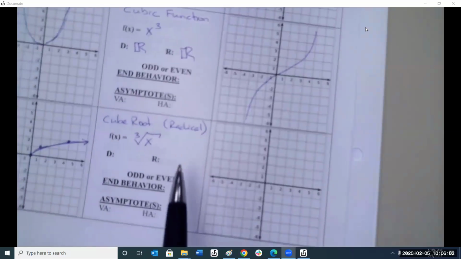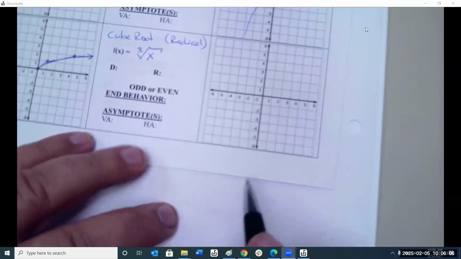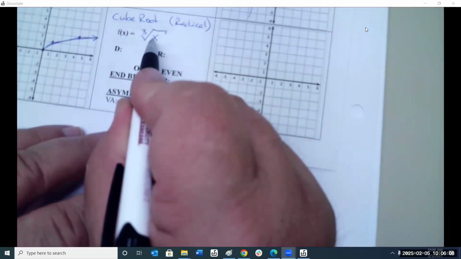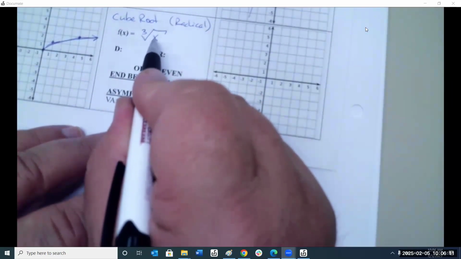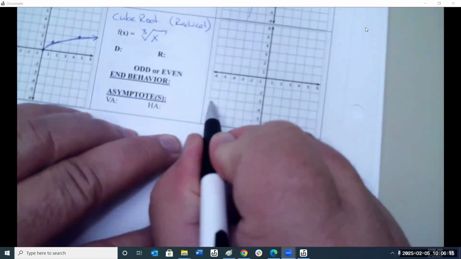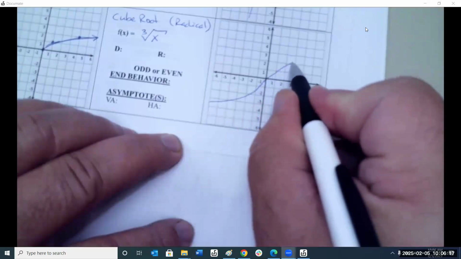So let's look at the graph. So the graph of this one, can I put x to be positive? Can x be 0? Can x be negative? Yes. So what this graph looks like is like this.